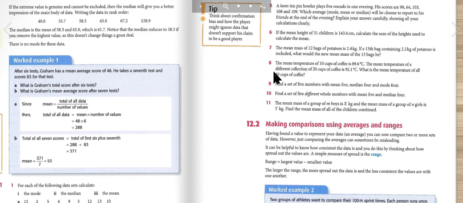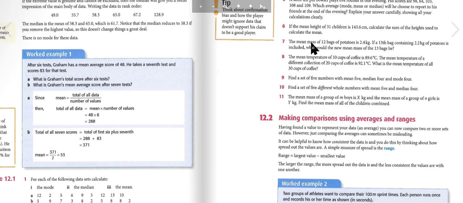Question 7. The mean mass of 12 bags of potatoes is 2.4 kilograms. If a 13th bag containing 2.2 kilograms of potatoes is included, what would be the new mean of the 13 bags? Well, it will be 2.38 kilograms.